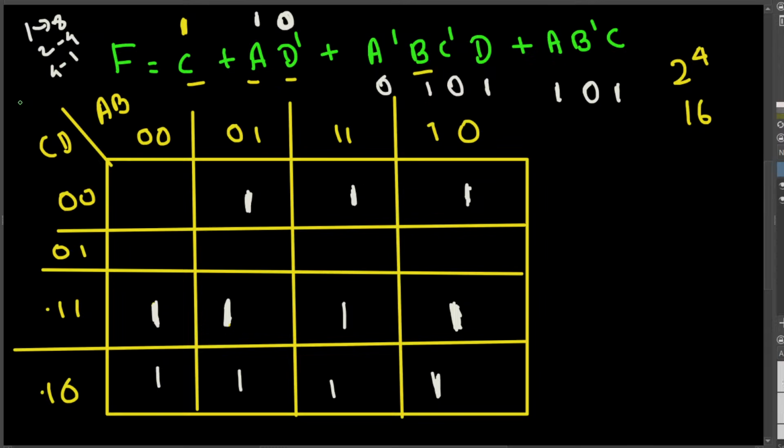From this, what do you expect for 3 variables? We have to have 2. So A B' C: A is 1 in these two columns, and B is 0 in this whole column, and then C is 1. These two are already taken care of.